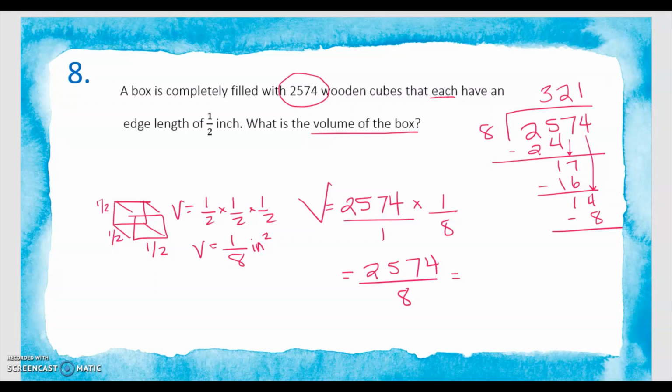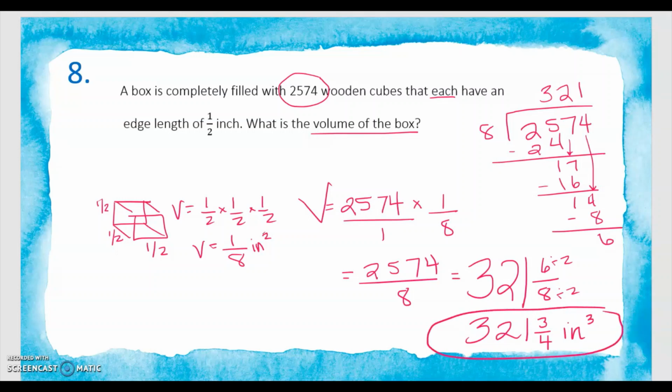And I'm left with 6. So it's a whole amount, 321 and 6/8, but that can be simplified. These both can be divided by 2. So 321 3/4 inches cubed.